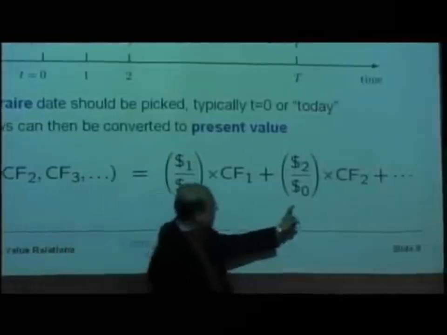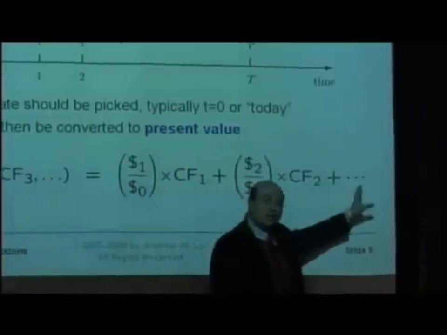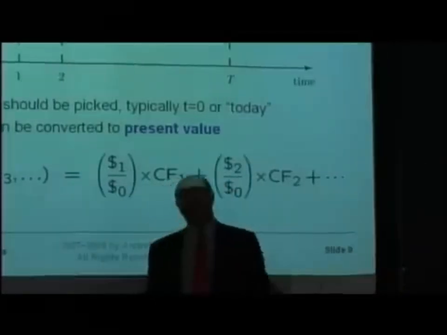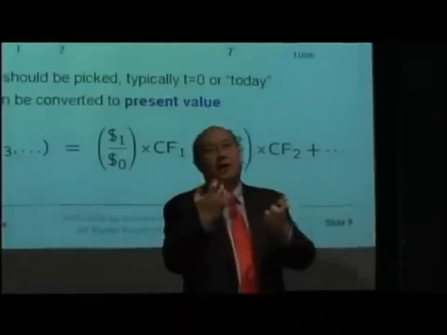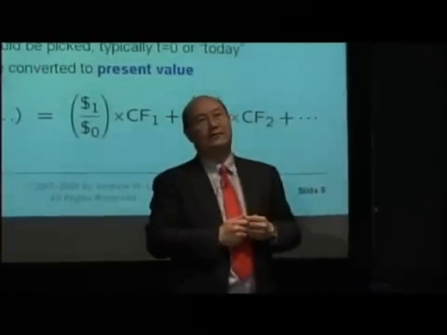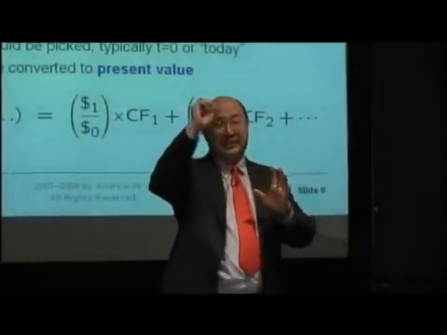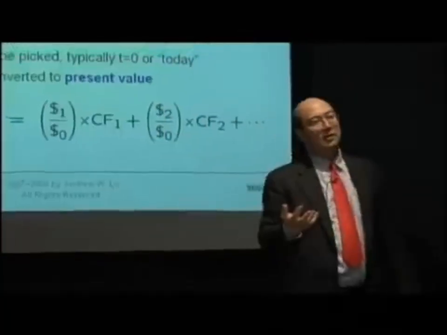How many dollars at date 2 per date 0 dollar. How many dollars at date 3 per date 0 dollar, and so on. I'll have T exchange rates for the T different kinds of currencies that I have. Each currency is dollars denominated as of a particular date.